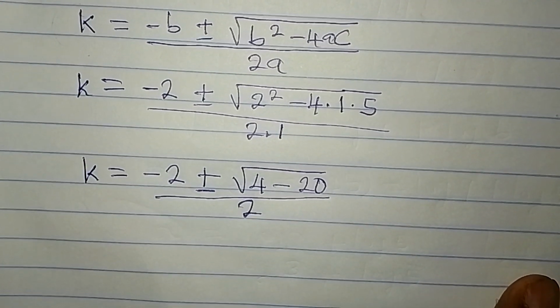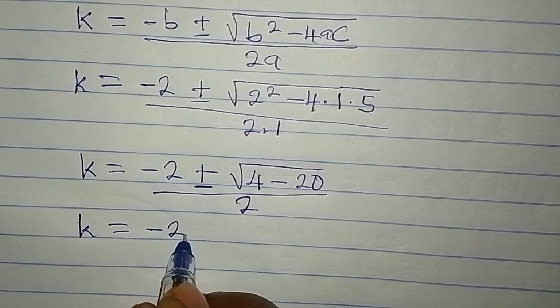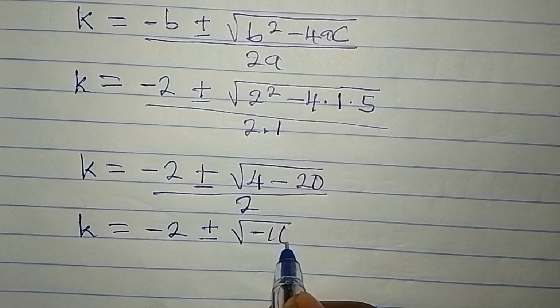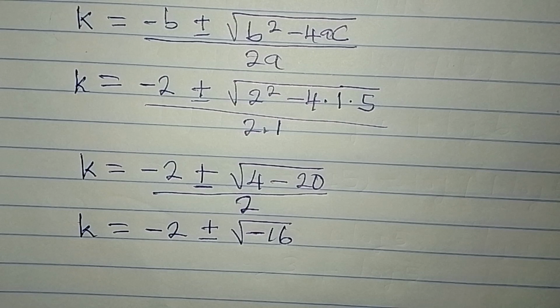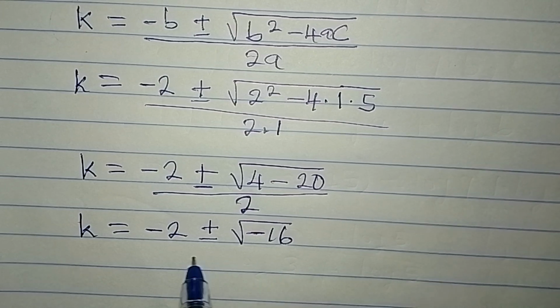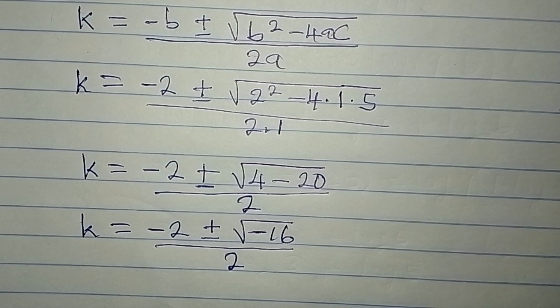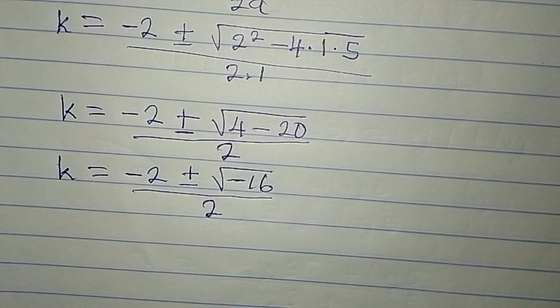Now we continue, so that k will be minus 2 plus or minus square root of 16, but it's negative. That is 4 minus 20 is negative 16, and the whole of this is over 2. Now, it's impossible to find the square root of negative 16 with your calculator.